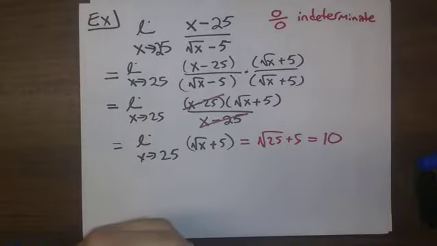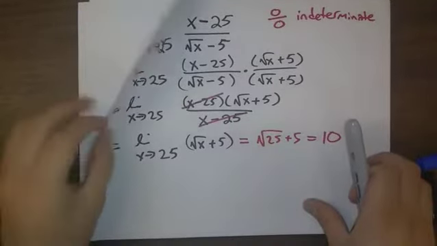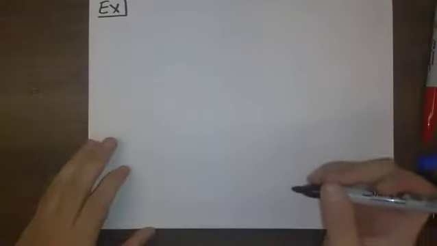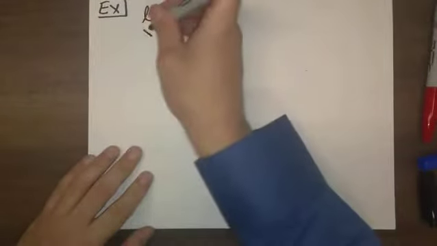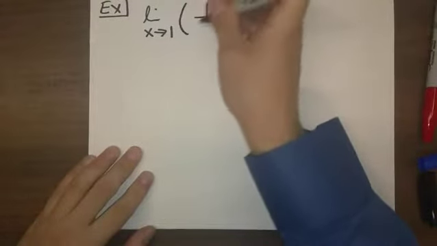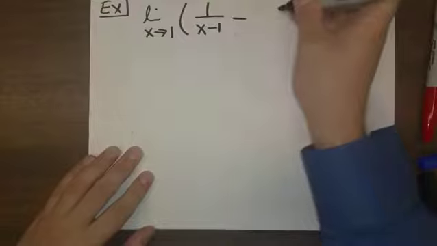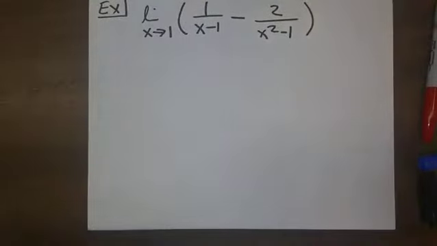So that's another example. Here is another example where we have a different type of indeterminate form. So if we were asked for what is the limit as x goes to 1 of 1 over x minus 1 minus 2 over x squared minus 1.